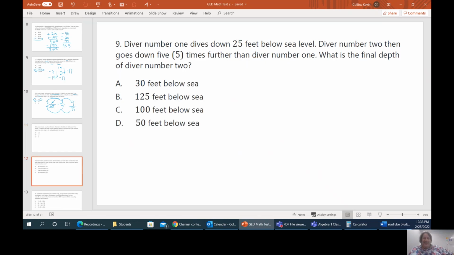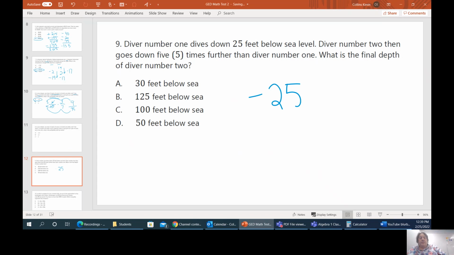Okay, so let's look at this guy. So it says diver number 1 dives down 25 feet below sea level. Then diver number 2 goes down 5 times further than diver number 1. What is the final depth of diver number 2? Okay, so the first guy is 25 feet below, right?